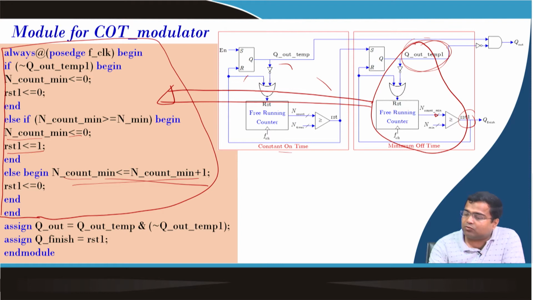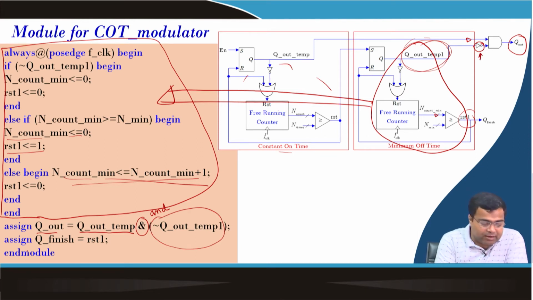Now, last, what is Q out? Q out is an assign statement: this signal ANDed with the NOT of this. This is the AND operation in data flow modeling, and this is the inverse of this logic, which is nothing but this. And what is Q finish?